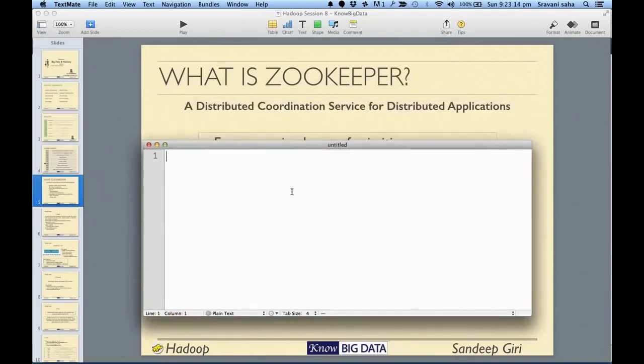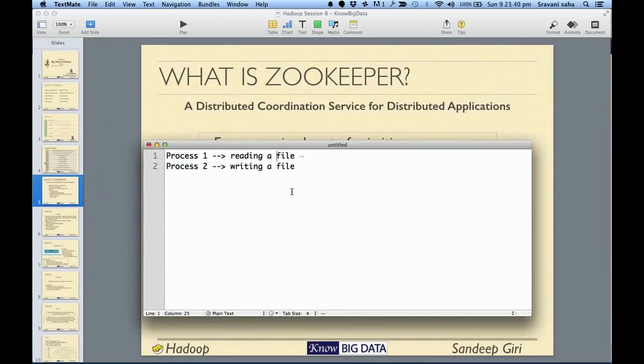So a race condition is, there are two processes, process 1 and process 2. Both of these processes are competing in reading a file or writing a file.